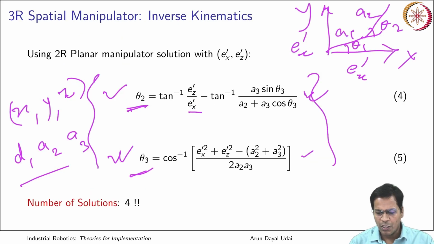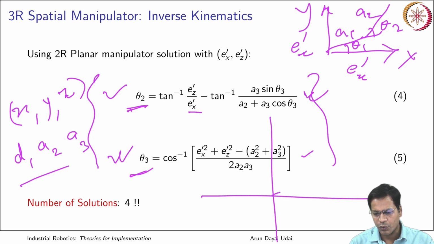If you look from the top, this was your 4 quadrants. Here is your robot when x and y are both positive. So this was the end effector position that gave you theta 1.